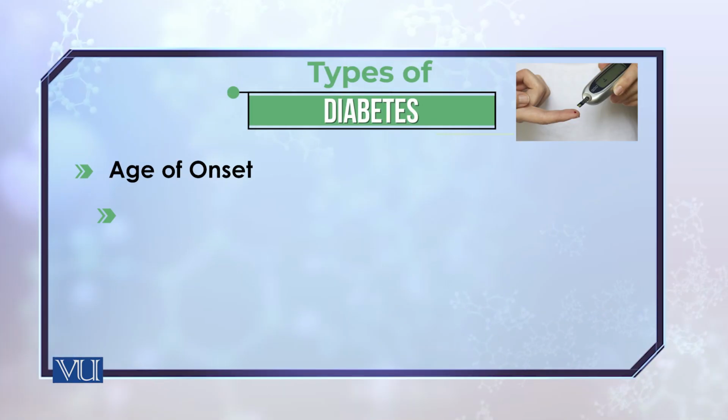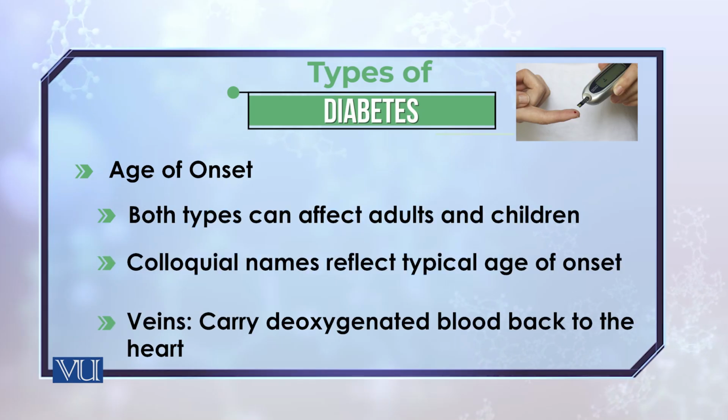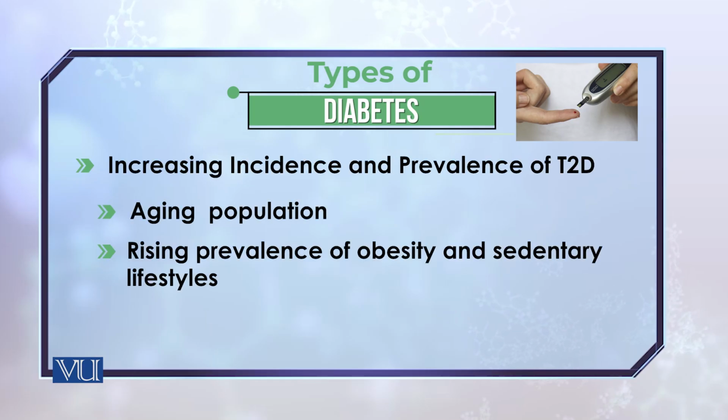Type 2 diabetes is of our concern here, because it's occurring more, its prevalence is increasing day by day. It's more prevalent in the aging population, as already discussed. It is also related somehow with the rising obesity in the population, and also with a very lazy style of life. People don't walk much.